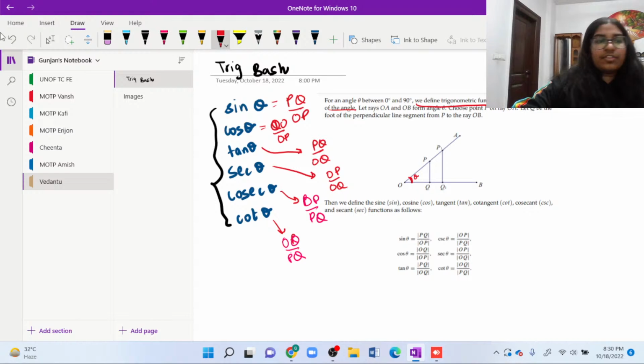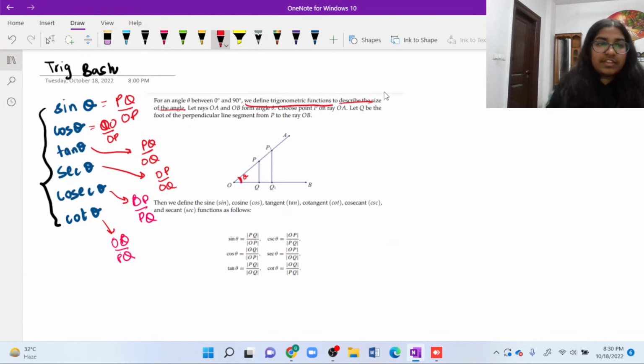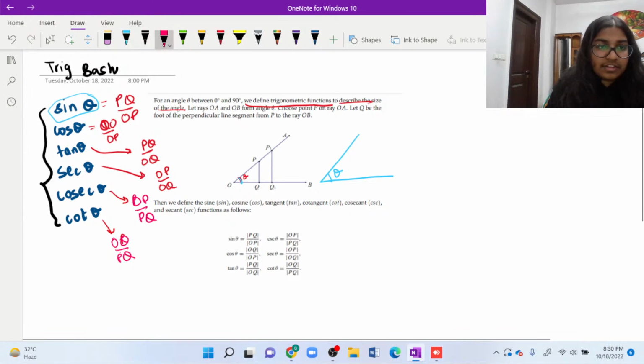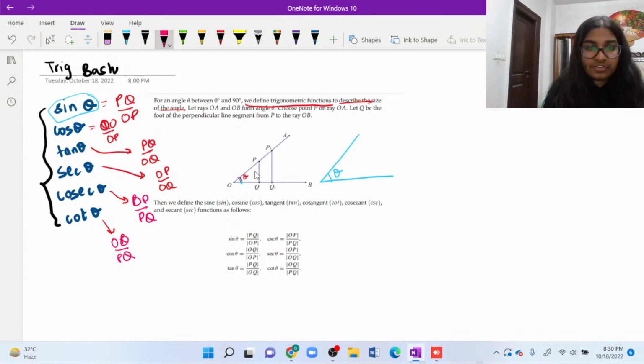And the first instinct is to prove: are these functions even well defined? What if these values are not the same for this theta and theta in some other rays, the same angle in some other rays? So we can prove that they're well defined. Let's assume they're not well defined. So let's draw P1, Q1.